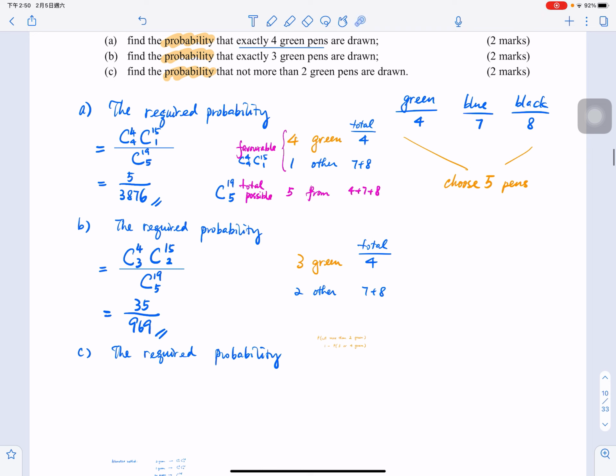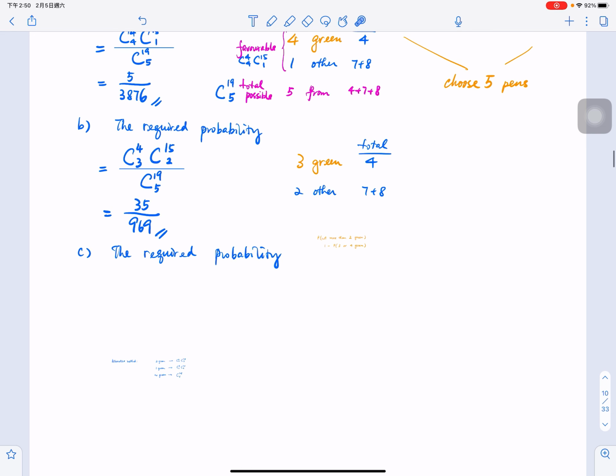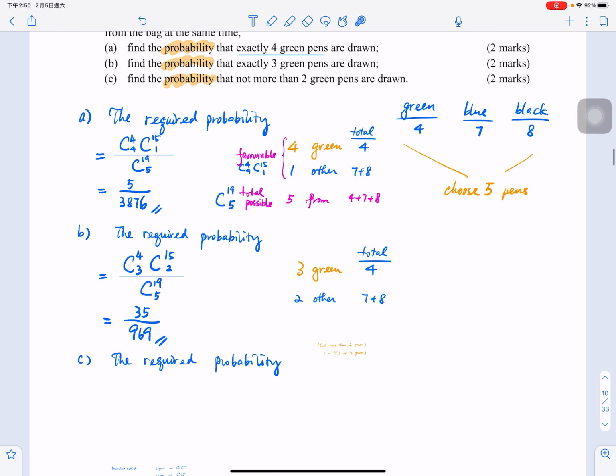Last one. Find the probability that not more than 2 green pens. Not more than 2 means 2 green, 1 green, or no green, right? Just now, exactly 3, exactly 4. Seems like the complement, right?